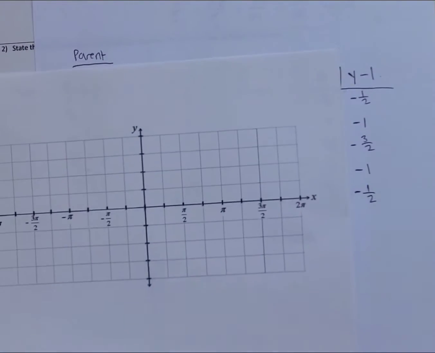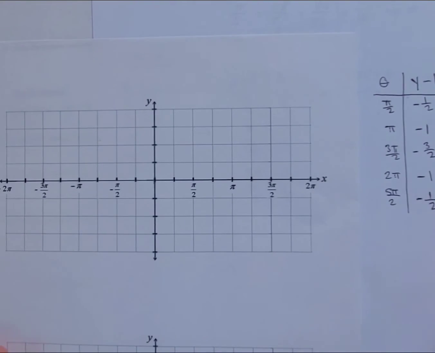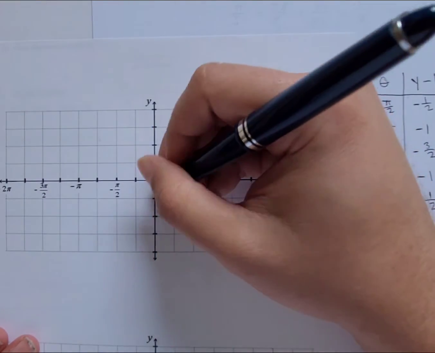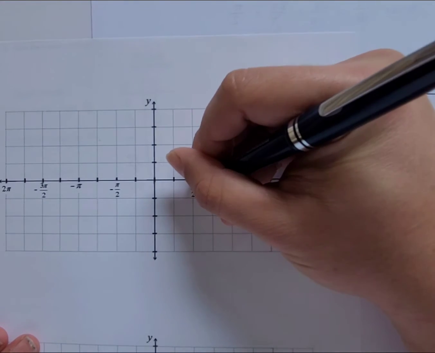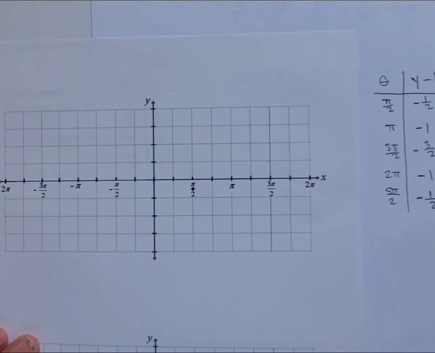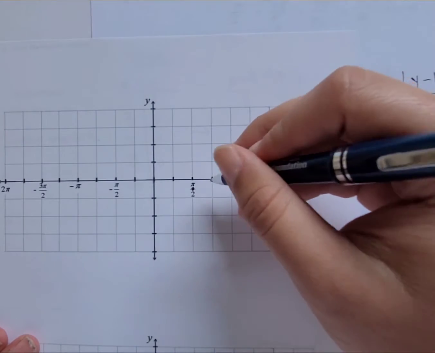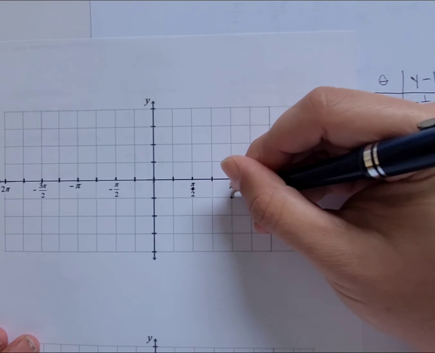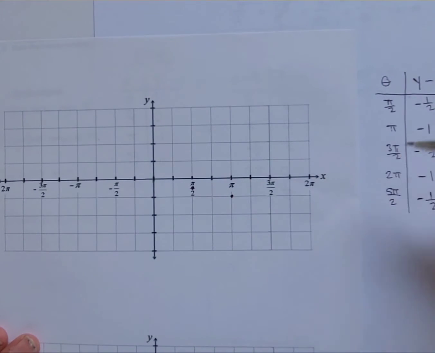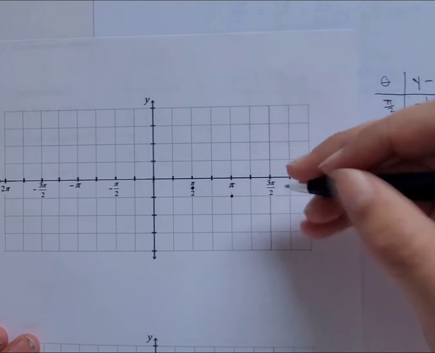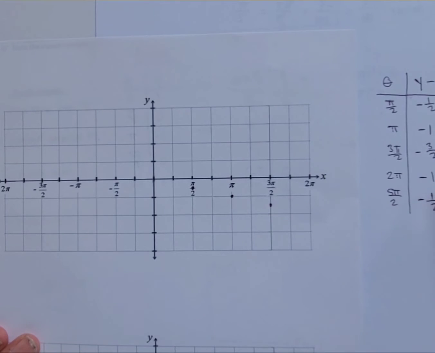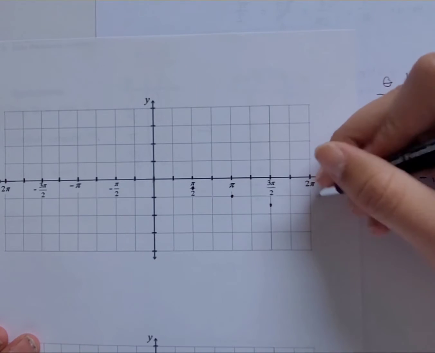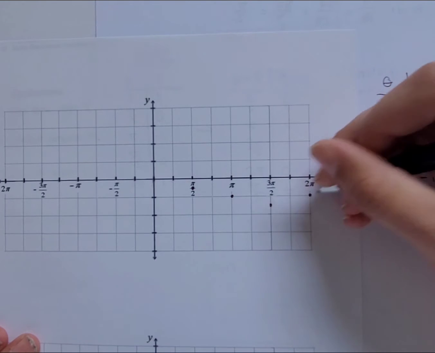So right next to it, let's graph these points. I have pi over 2, -1/2. So I'm going to go to pi over 2, and then go down 1/2 unit, which is about right there. Pi, -1, so I go to pi, and then -1. 3 pi over 2, and then I'm going to go to -3 over 2, which is just -1.5. 2 pi, I'm going to go to -1, so a little bit higher.